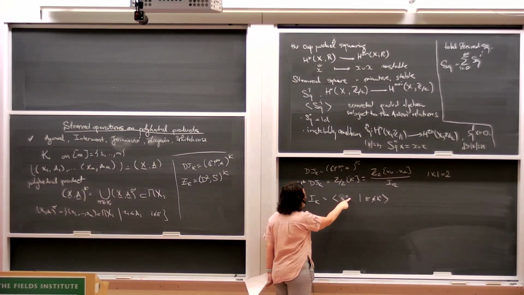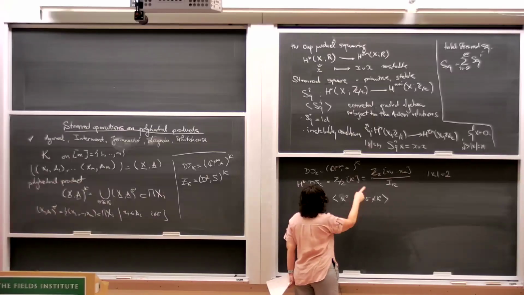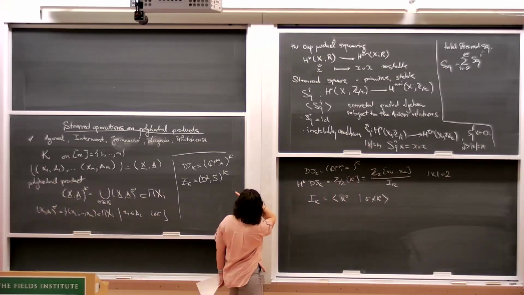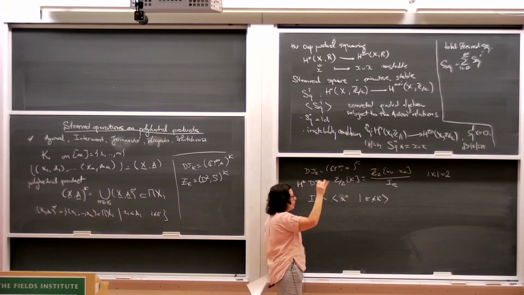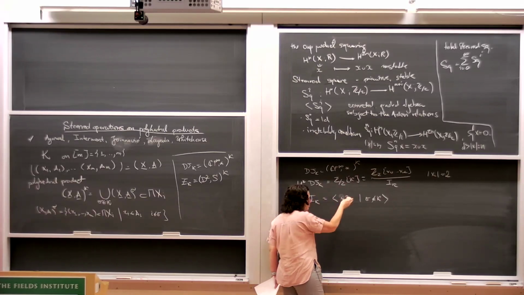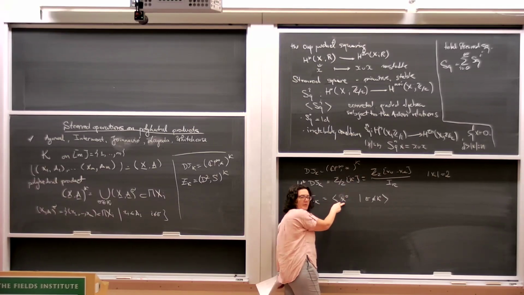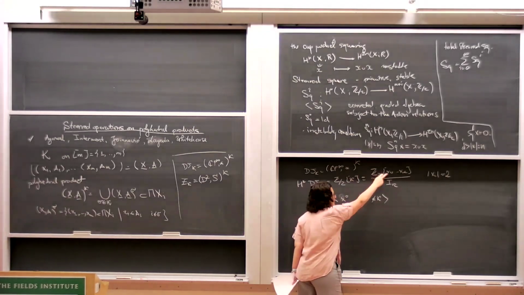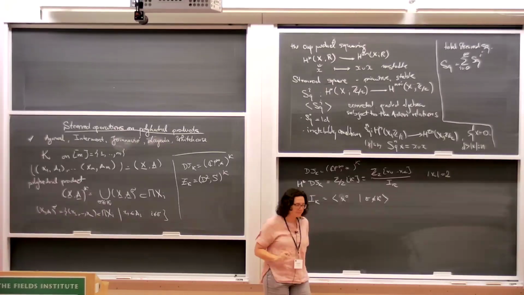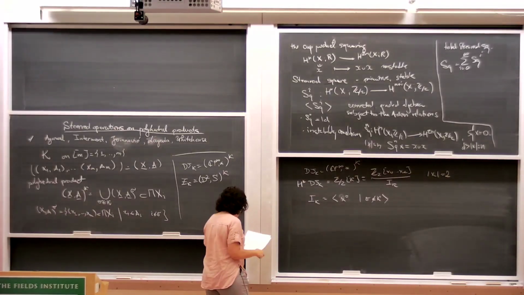So if sigma is a subset of the m vertices, say i_1 to i_l, then you take the square-free monomial on those x's that are labeled by sigma.